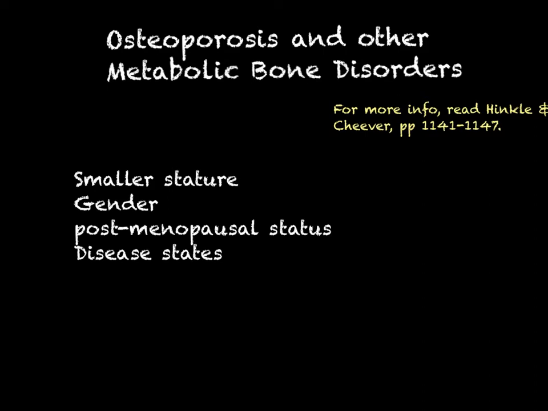Now, medications. Corticosteroids have a very negative impact on bone density. So people who have asthma and have been using corticosteroids, lupus, arthritis, it's very important to get a very thorough history from people, because one thing impacts another, sometimes in ways that patients don't anticipate, but we as nurses certainly can.